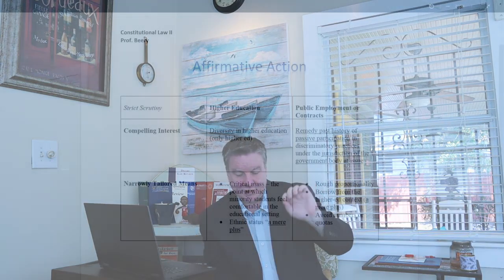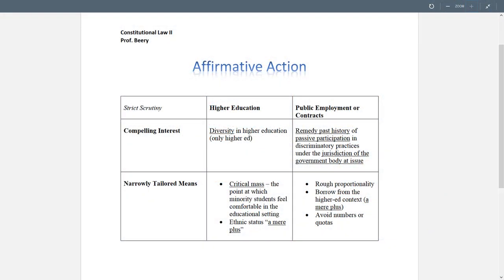Diversity is the interest. As to the means, it's trying to achieve critical mass, because you can't use numbers, and to do that, you treat somebody's ethnic status as a mere plus, when you're evaluating roughly equivalent applications in an individualized way. So that's the higher ed side. On the employment side, you're looking at remedying a history of past discrimination as a passive participant in that history.